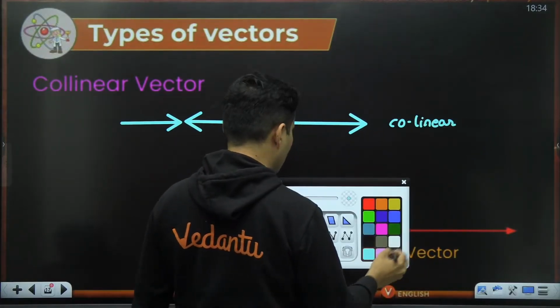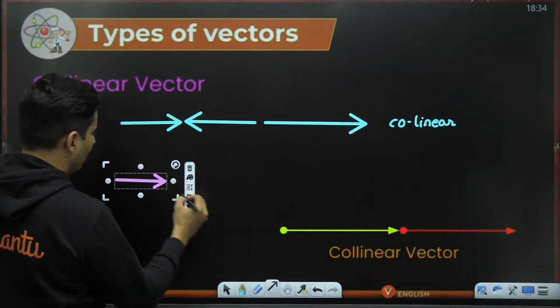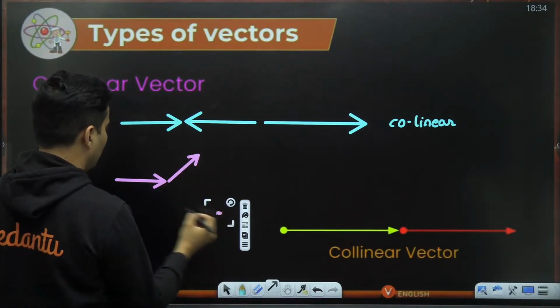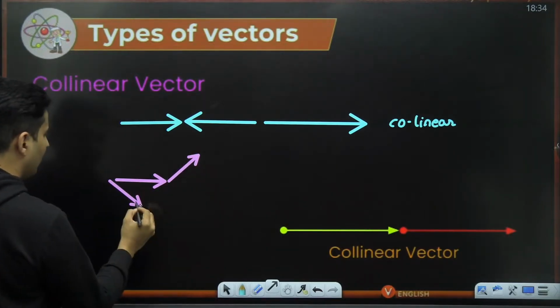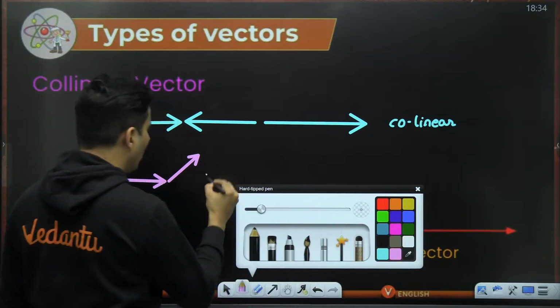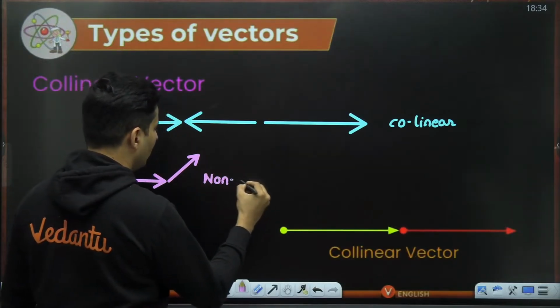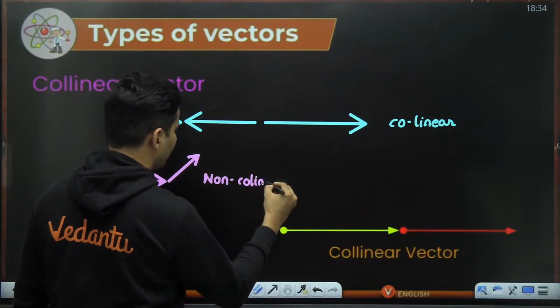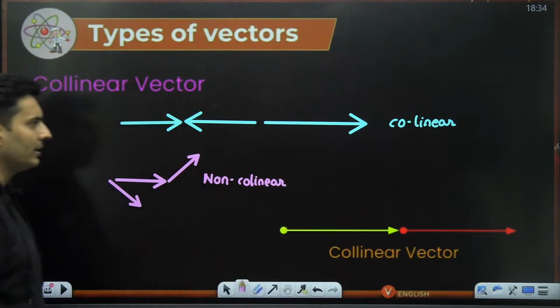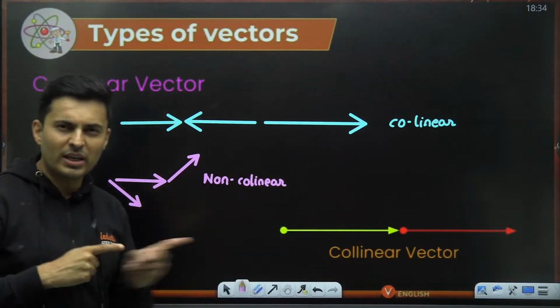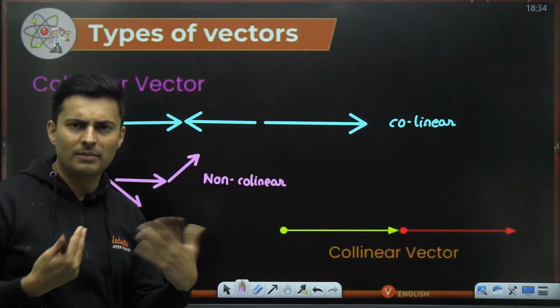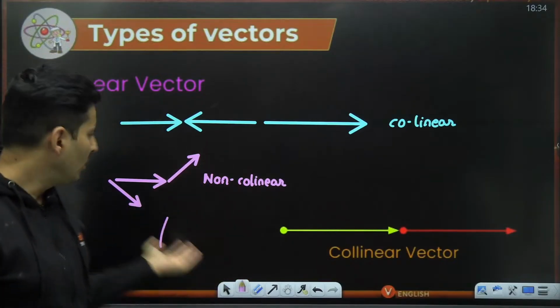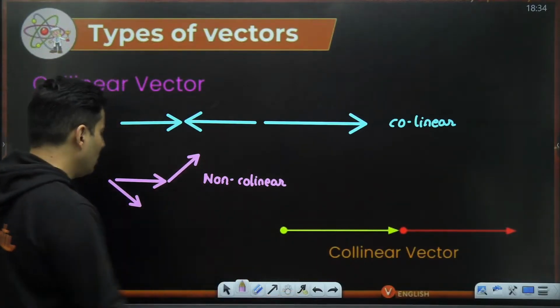But say for example, this vector along with maybe this vector and maybe this vector, they are 100% non-collinear vectors. So if they are along the same line, maybe same direction or opposite direction, collinear. If they are not along the same line, they are 100% non-collinear vectors.